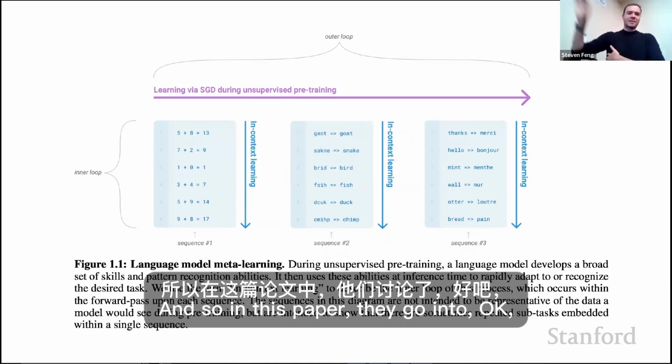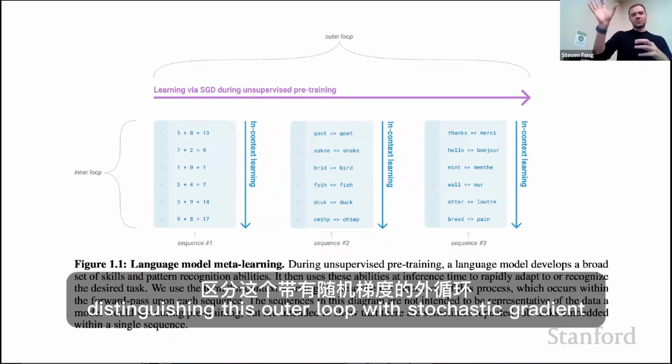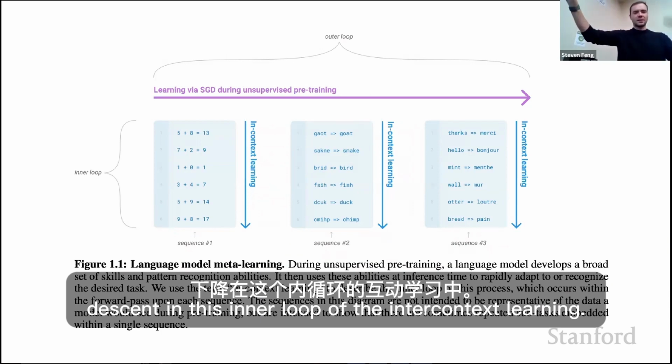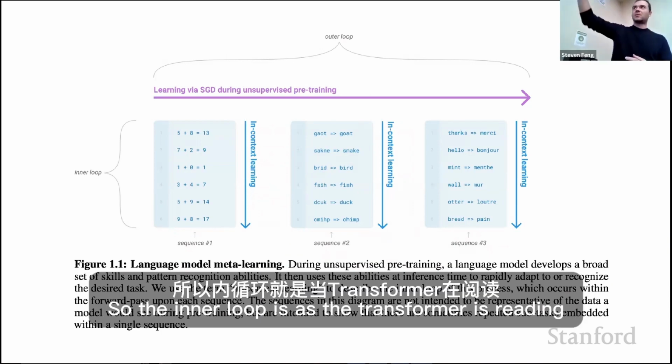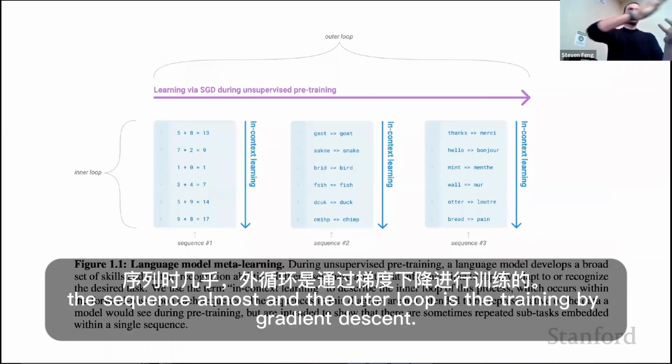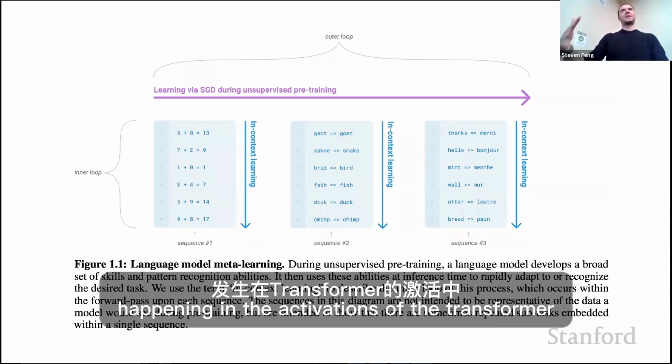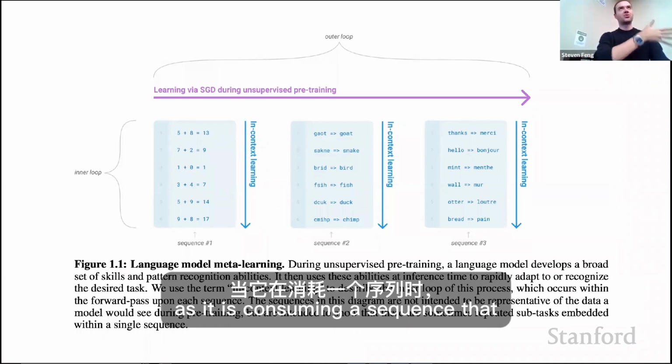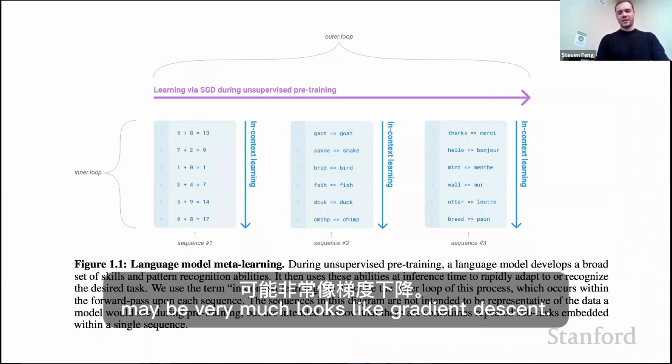In this paper, they distinguish this outer loop with stochastic gradient descent and this inner loop of the in-context learning. The inner loop is as the transformer is reading the sequence, and the outer loop is the training by gradient descent. So there's some training happening in the activations of the transformer as it is consuming a sequence that may very much look like gradient descent.